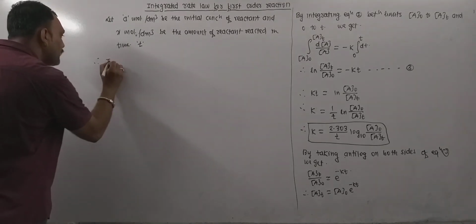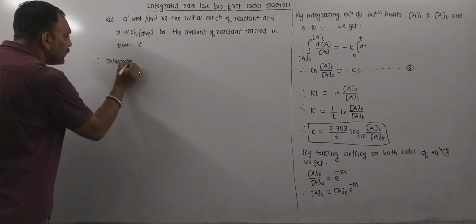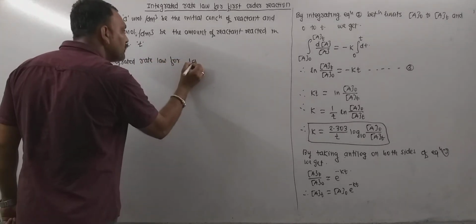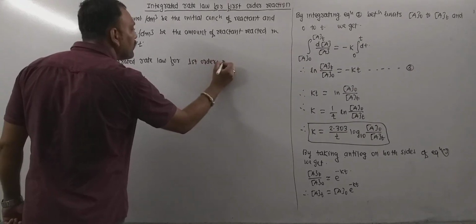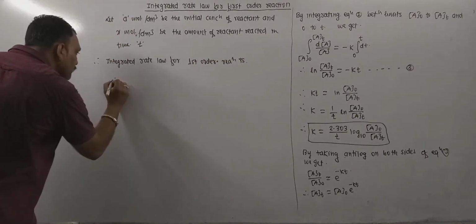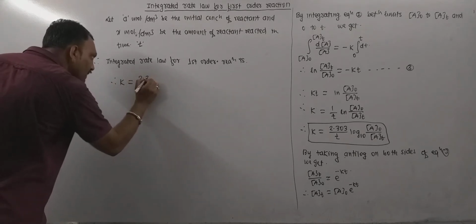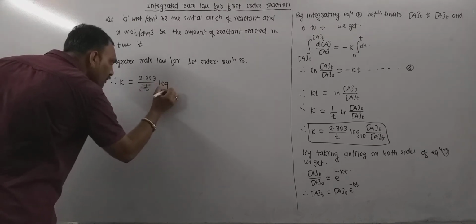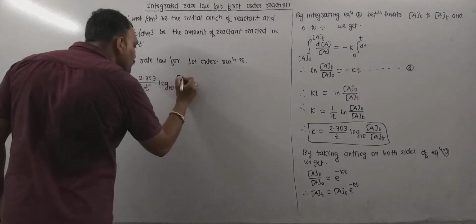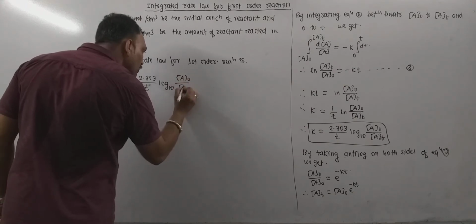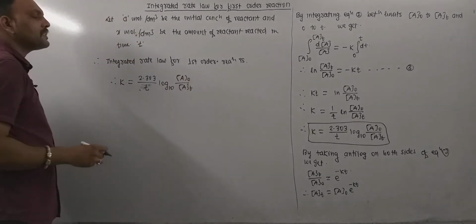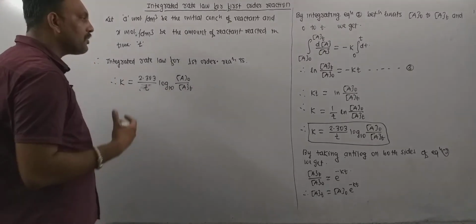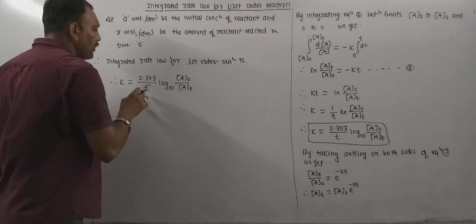Thus the integrated rate law for first order reaction is k equals 2.303 upon t log base 10 [A]0 upon [A]t, where [A]0 is the initial concentration of reactant and [A]t is the amount of reactant present at time t.